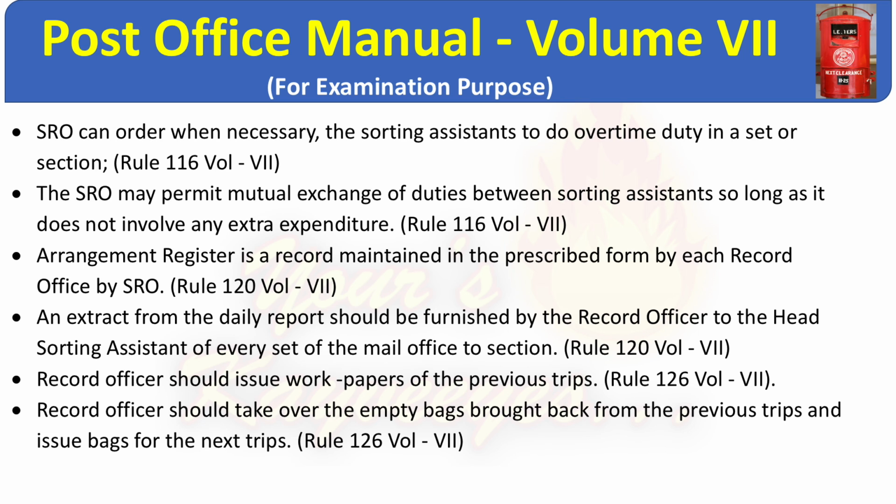Rule number 120. The record officer should issue work papers of the previous trips. Rule number 126. The record officer should take over the empty bags brought back from the previous trips and issue bags for the next trips. Rule number 126.